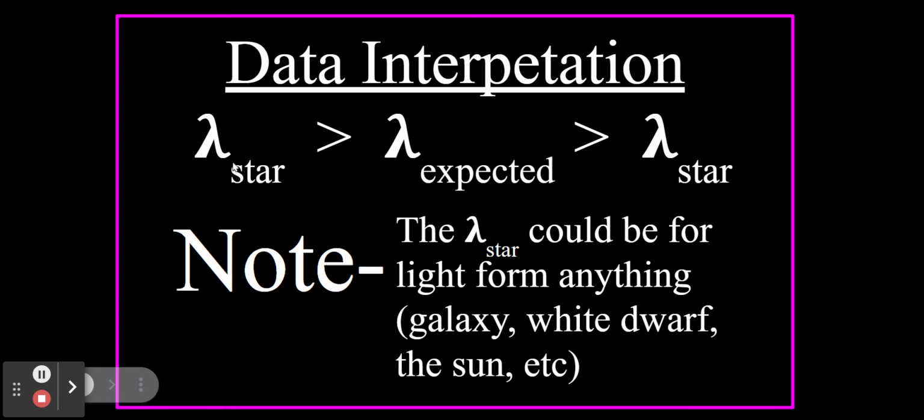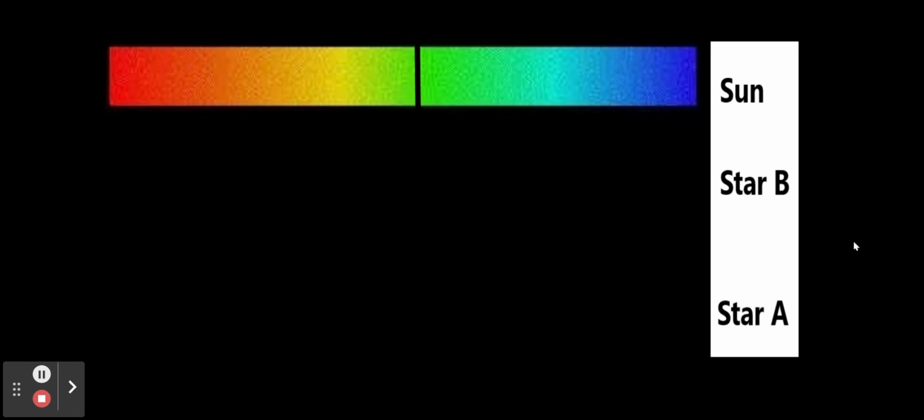This wavelength from a star represents a light source in the heavens. It could be anything that gives off light. You wouldn't always look at the same wavelengths, depending upon what you're looking at. All right, so let's look at some examples.